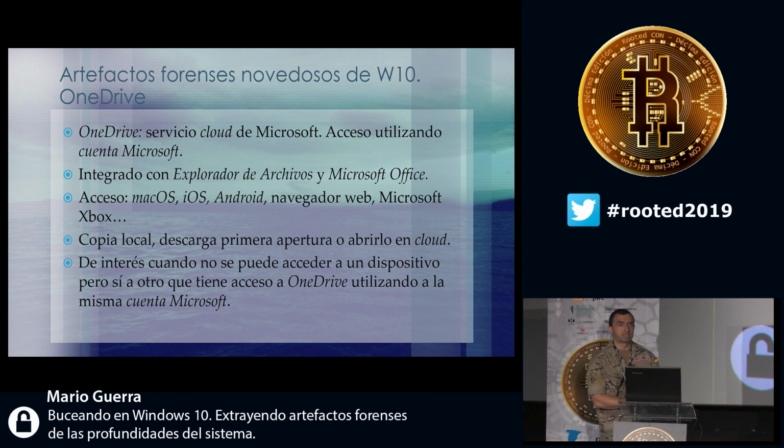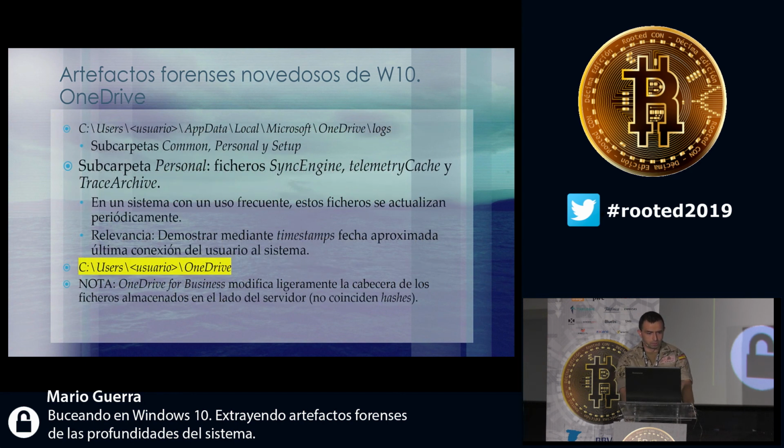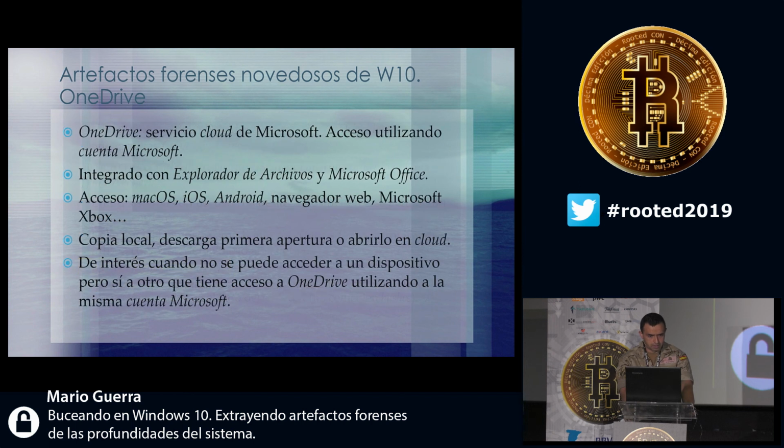So it's a place where, probably in terms of documentary investigations, forensic investigation, there's a lot of information. The problem with all of this information in cloud is that there are different types of ways of working in the cloud. You can work as a local copy, as a download, as on the first use, or open it directly on cloud.